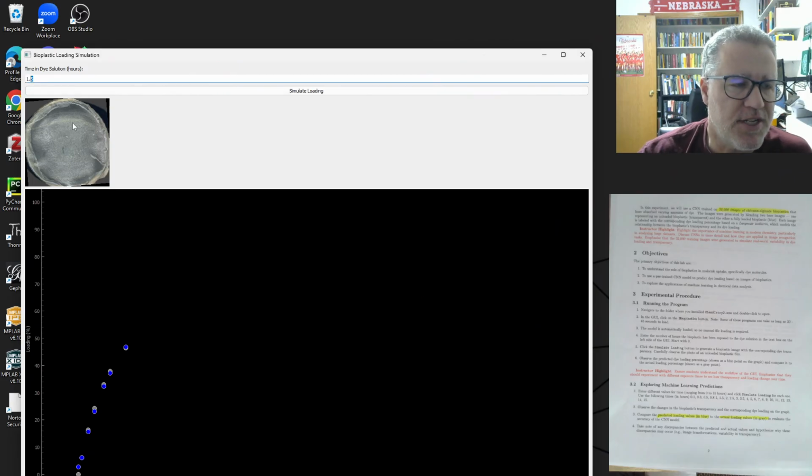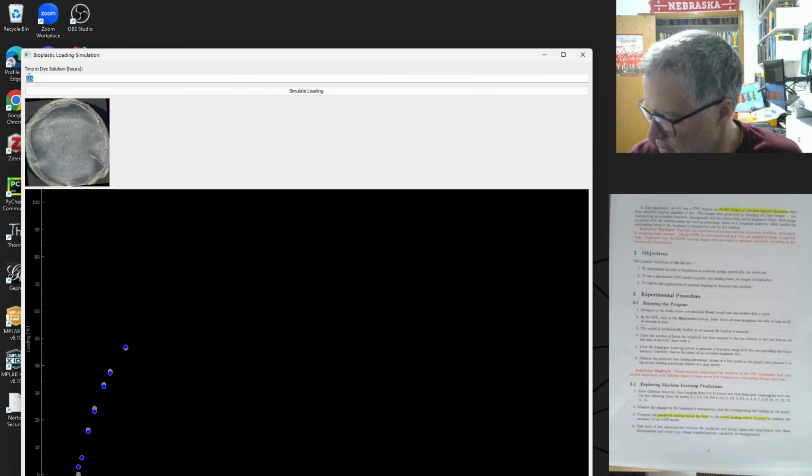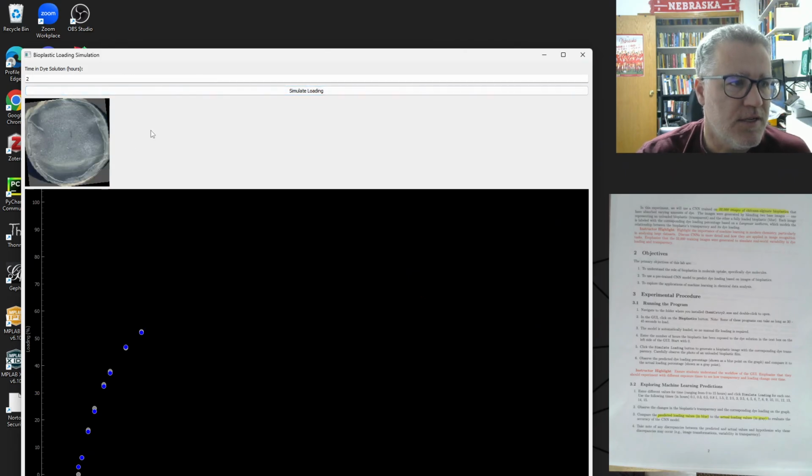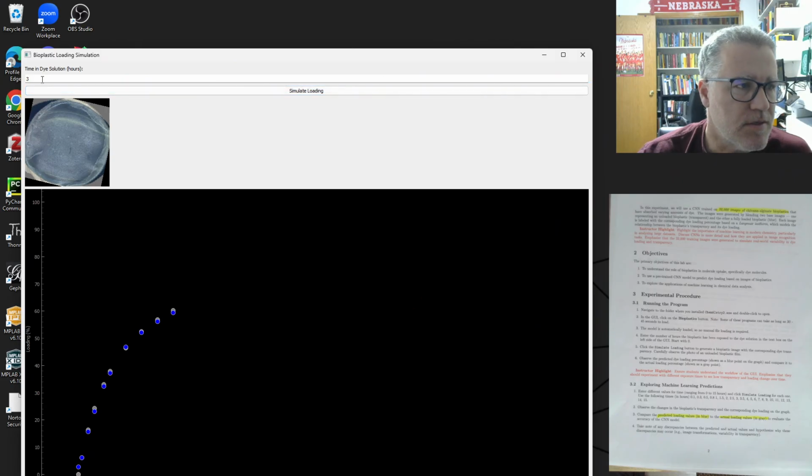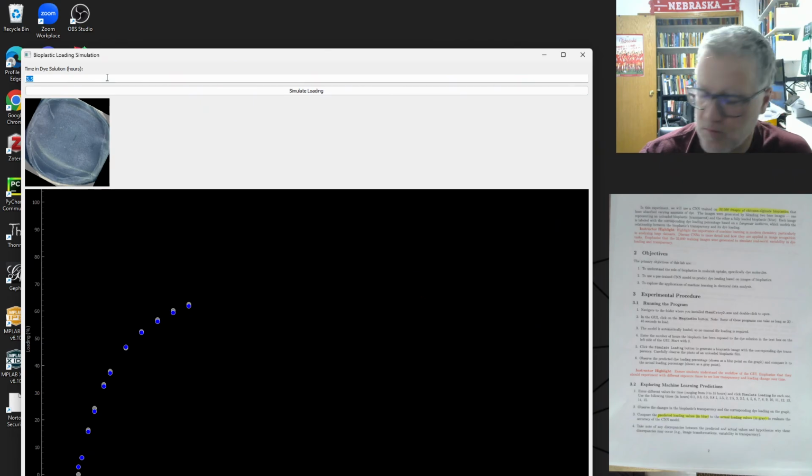You can see up here starting to look a little more blue, so about 50% loaded here. Let's go to 2, will continue to look more and more blue. 2.5. 3. 3.5. 4. 5.